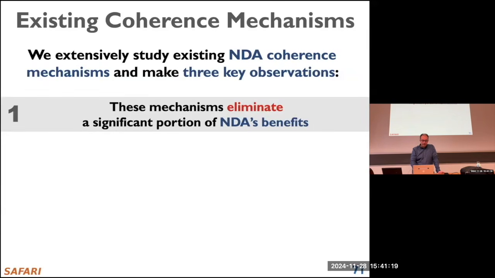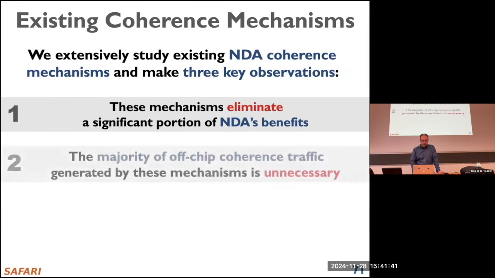These mechanisms eliminate significant portions of NDA's benefits, meaning that you use this processing near memory to improve energy and performance, but once you want to make it coherent, and if you don't support coherence intelligently, then you don't get performance improvement. At some point, you actually can reduce performance, and also worsen energy consumption.